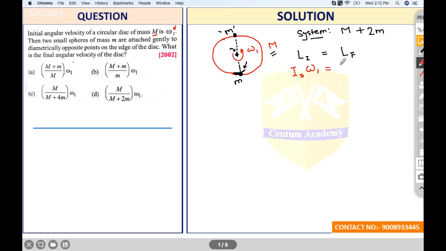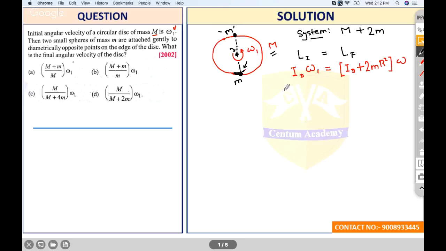When you write the final angular momentum, you have to take care of the fact that the moment of inertia of the disk plus small m is changed. It is the moment of inertia of the disk plus m r square plus m r square. So you have 2m r square, that times omega.